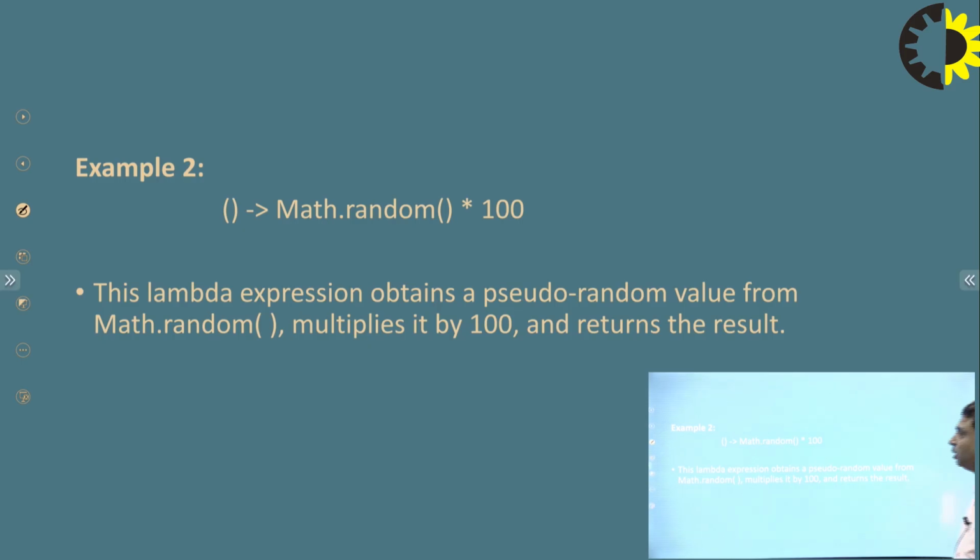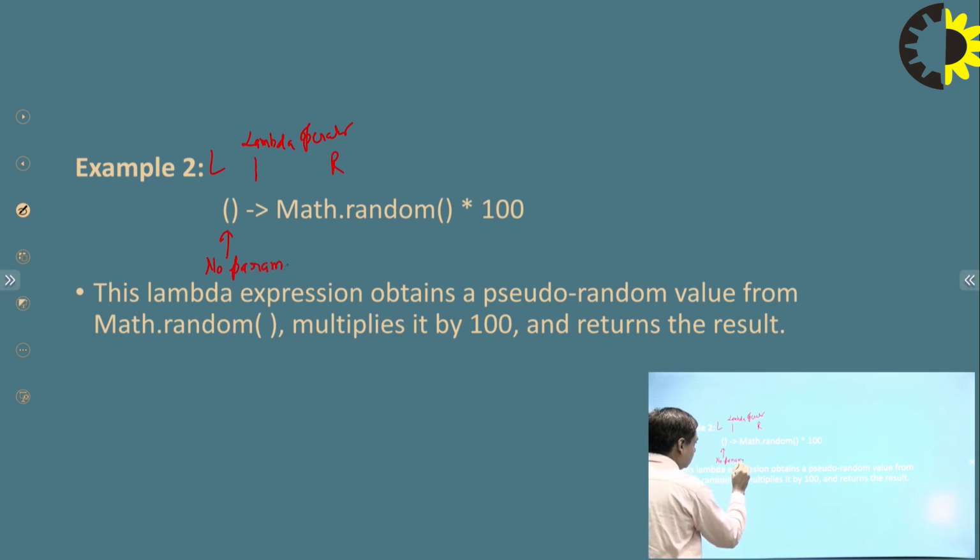One more example of a single expression lambda is this. This is the lambda operator, this is the right side, this is the left side, which is the parameter. There is no parameter, and basically it is an action.